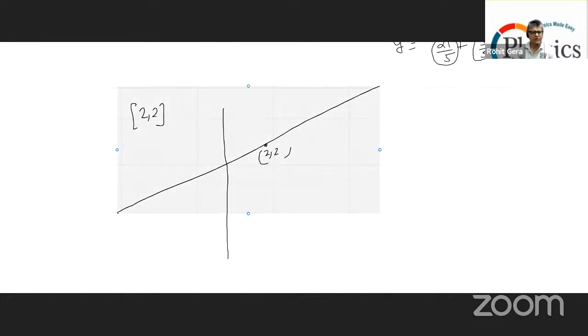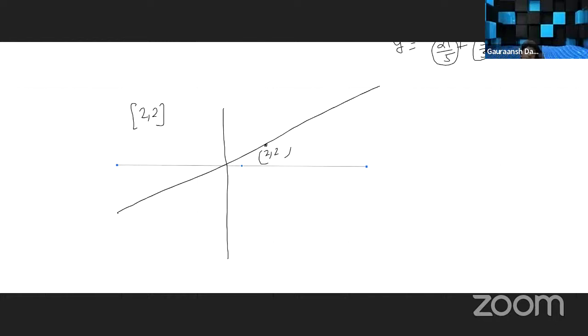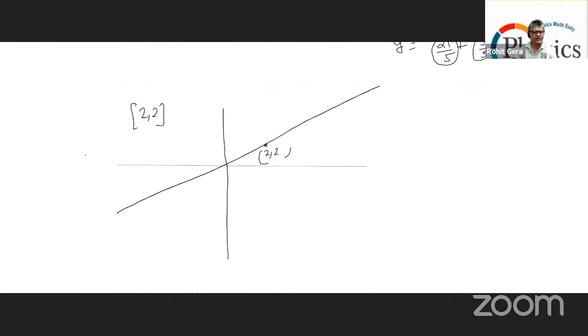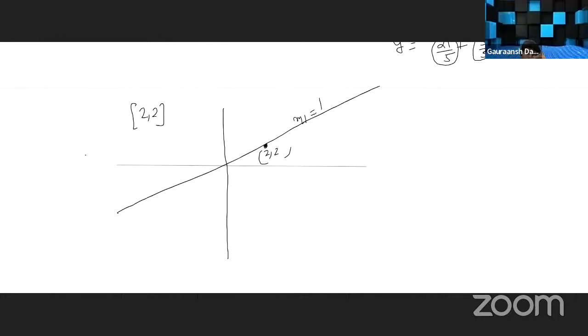So I'll just draw the coordinate axis, okay? So you know the line and you know the point on it. Now the line's gradient is also known to you to be 1. Find the equation of the line. You know a point on the line and you know the gradient of the line.